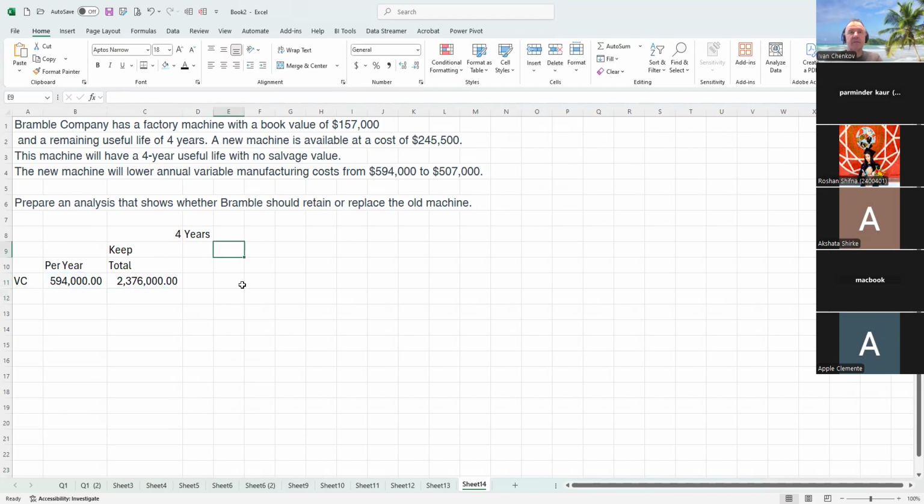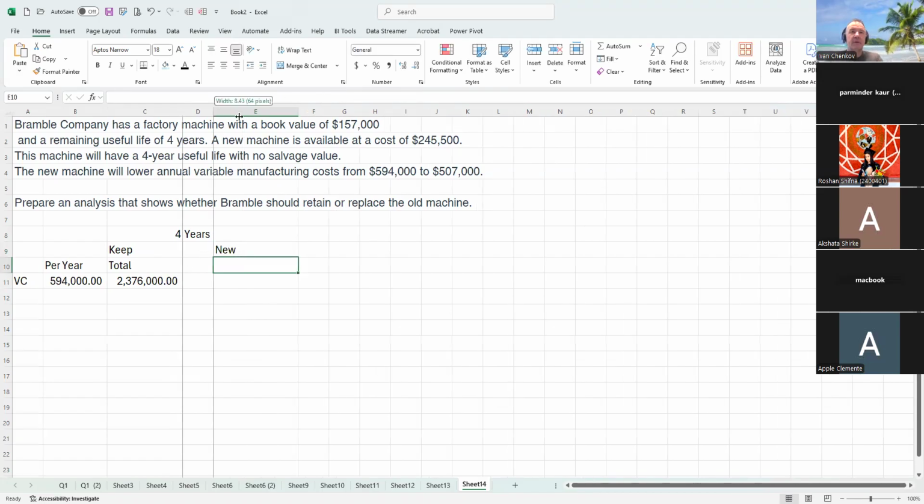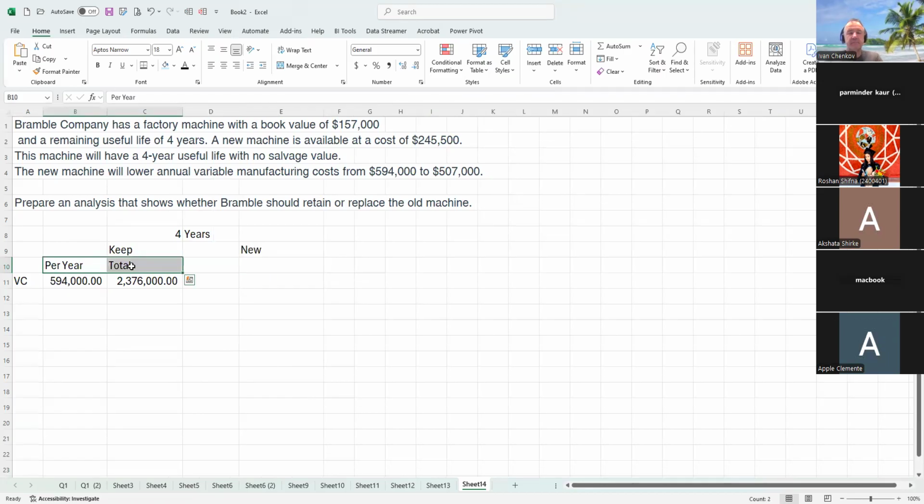If I replace it with the new machine, 507,000 times 4. So I'm going to have again per year and in total, right? And I can even get this one and put it here.